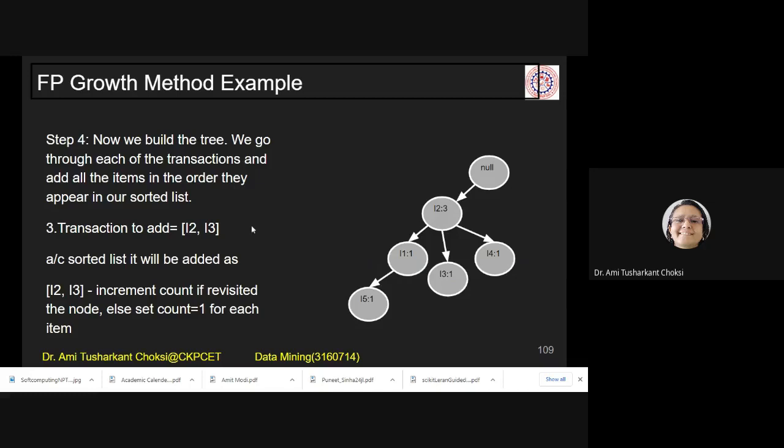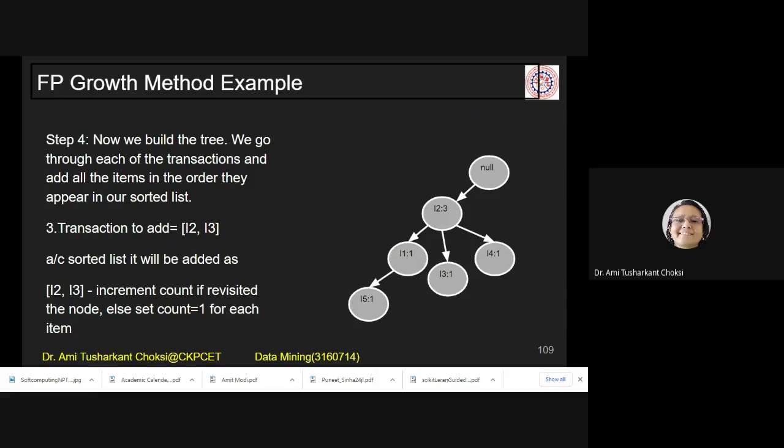Now, the next transaction is I2, I3. What is there in the sorted order? That is I2, I3 only. So let us start from null. I2 is there? Yes, so increment its count. It was 2, so we increment that to 3.